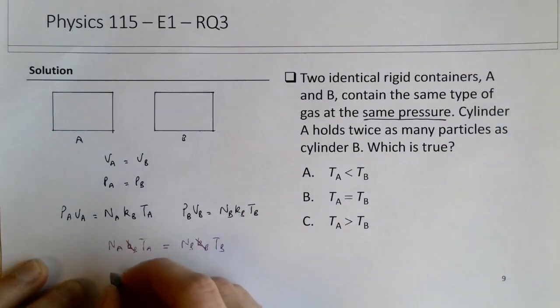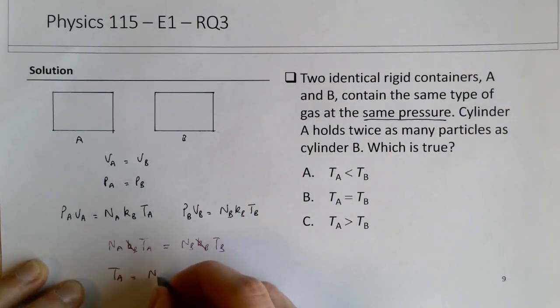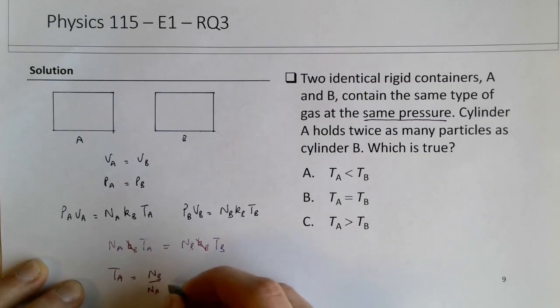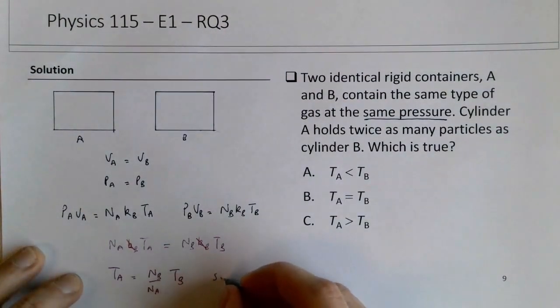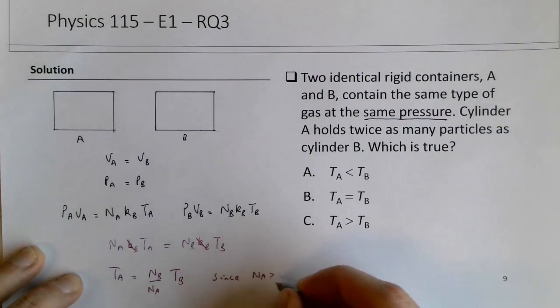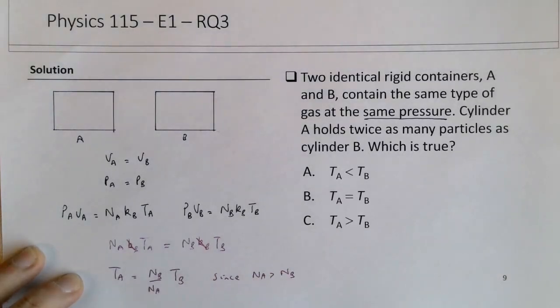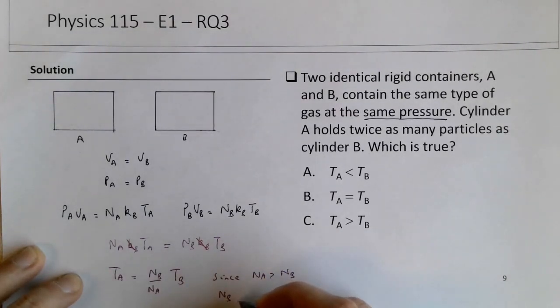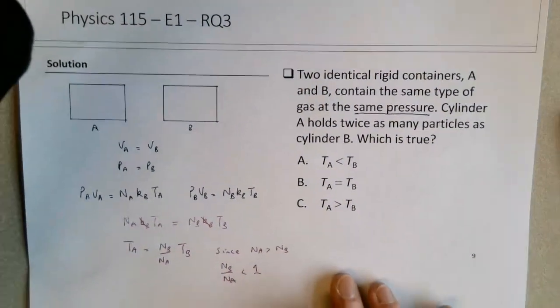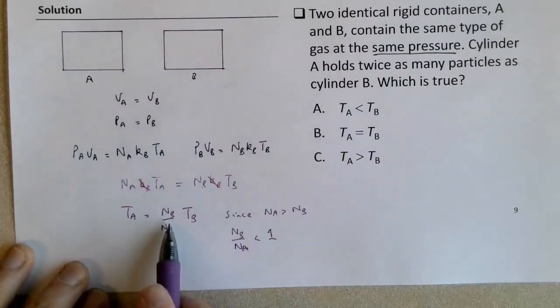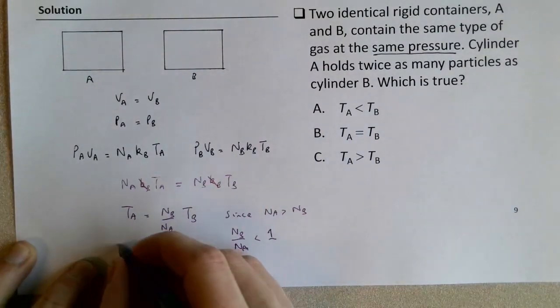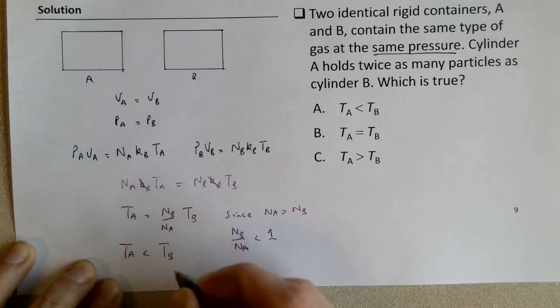So TA is equal to NB over NA times TB, and since NA is larger than NB, NB over NA will be less than 1. So this will be a fraction that's less than 1. That means that TA has to be less than TB.